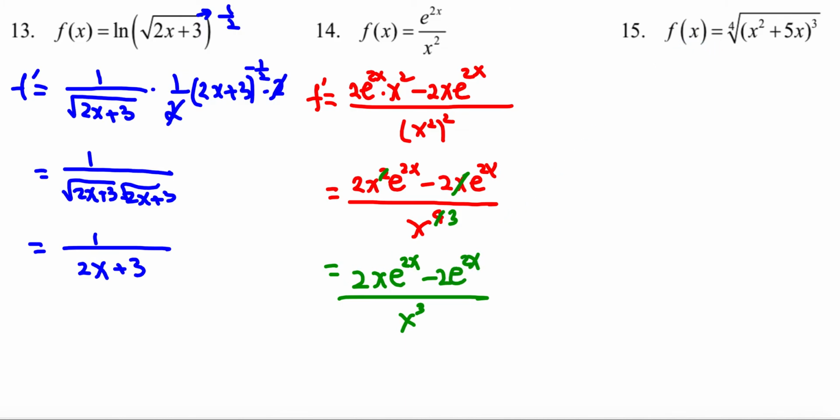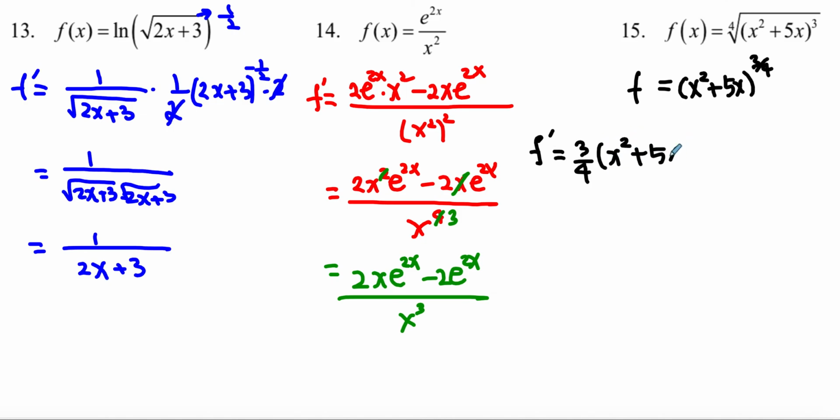Let's look at number 15 here. We have a chain rule going on, but if I combine the cube and then the 4th root, we end up getting x squared plus 5x to the 3/4 power. This is a bit easier to look at. That's still f. So what is f prime? Then 3/4 comes to the front, and then we get x squared plus 5x, and I have to raise this by negative 1/4 because subtracting 1 from 3/4.